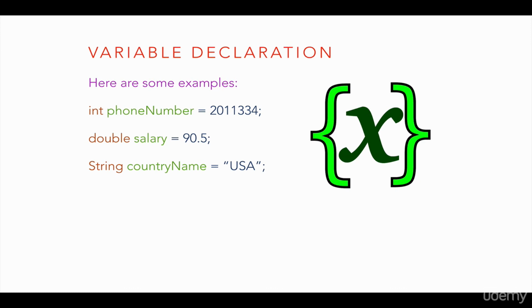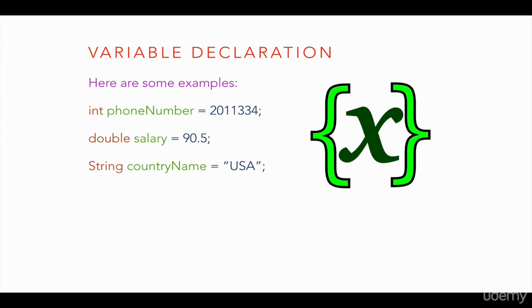I'm starting my variable name with a lowercase letter, and for the next words, I'm using an uppercase letter. For example, phoneNumber, countryName, or tableName. Okay, or other names which we will become more familiar with later in the course.